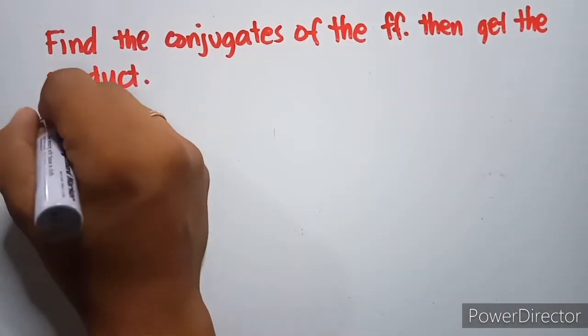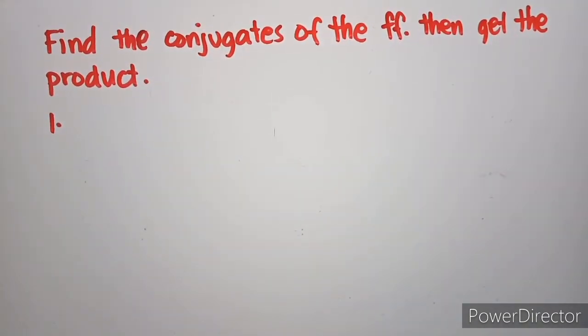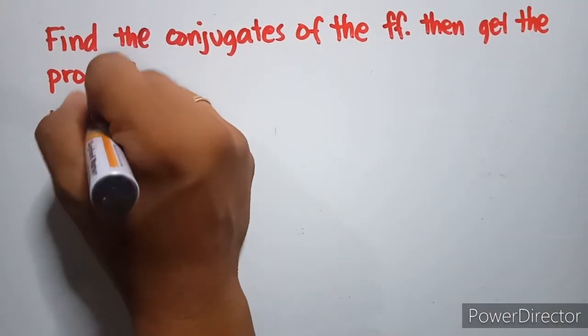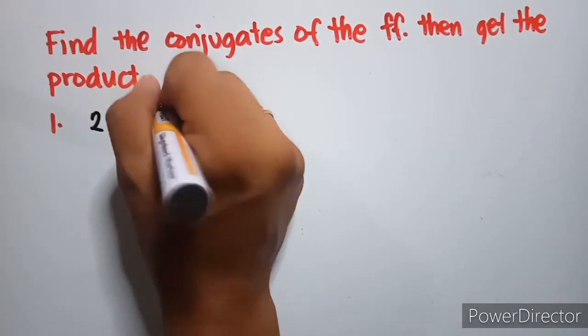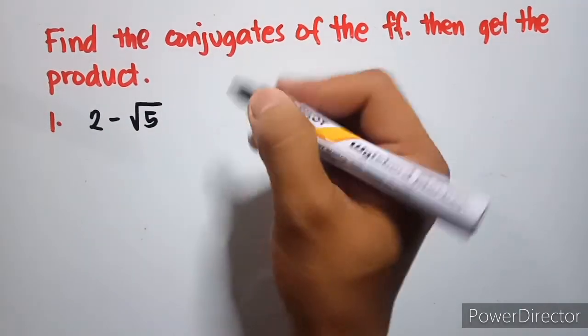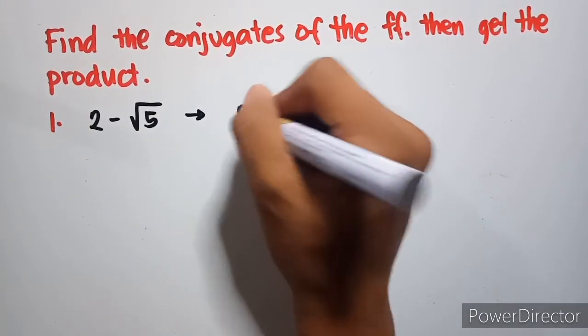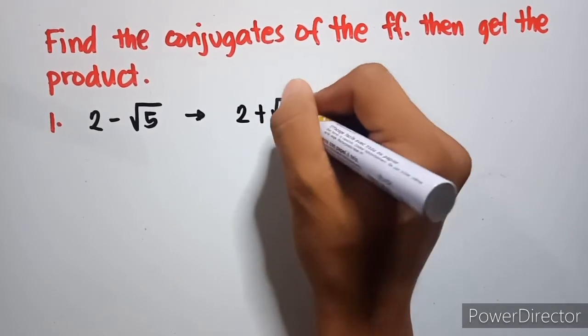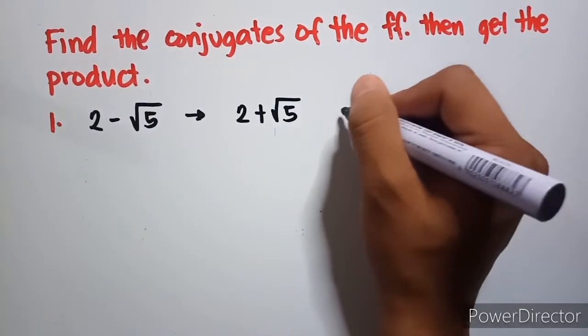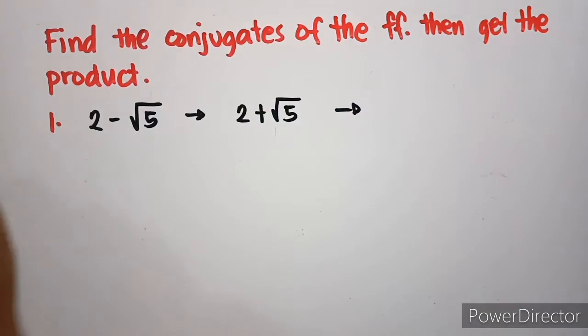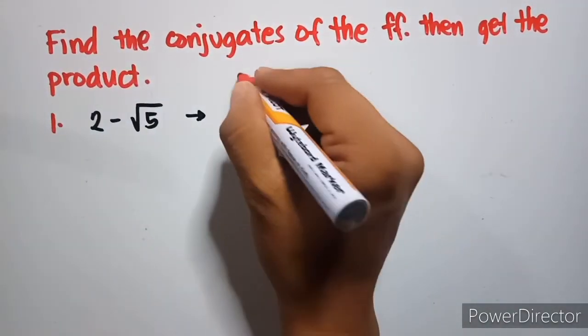Number 1, if we will have 2 minus square root of 5. So, our conjugate is 2 plus square root of 5. Then, our product, so this is our conjugates.